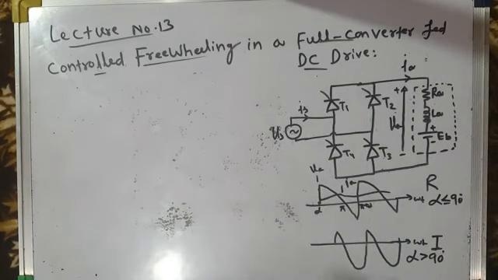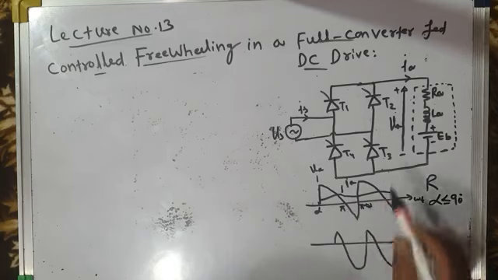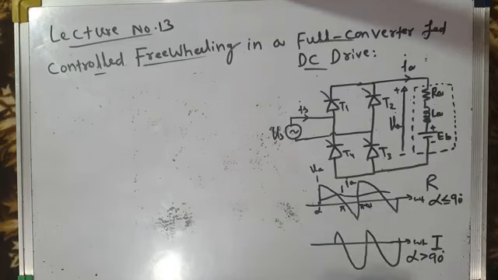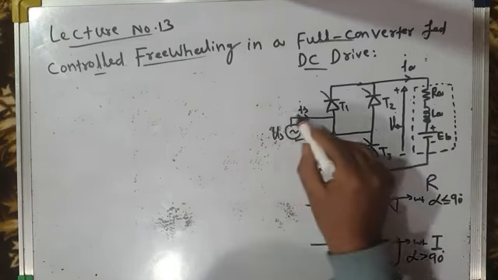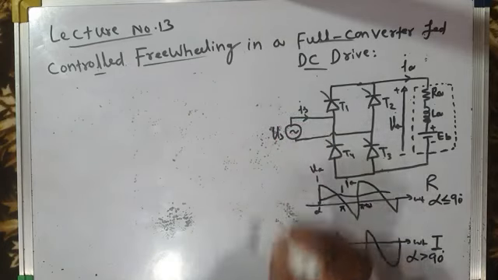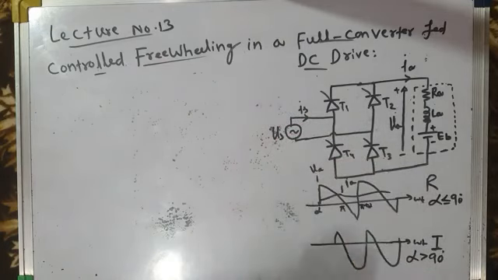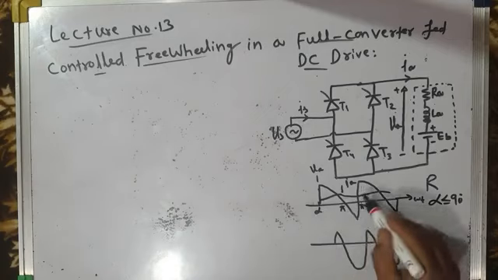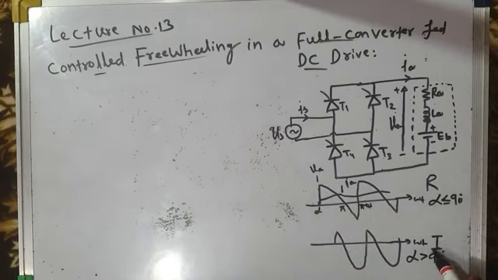So there is a flow of reactive power, and because of this, the power factor on the input side, the AC side of the converter, will become poor. This happens during the rectification mode of operation, and also during the inversion mode.